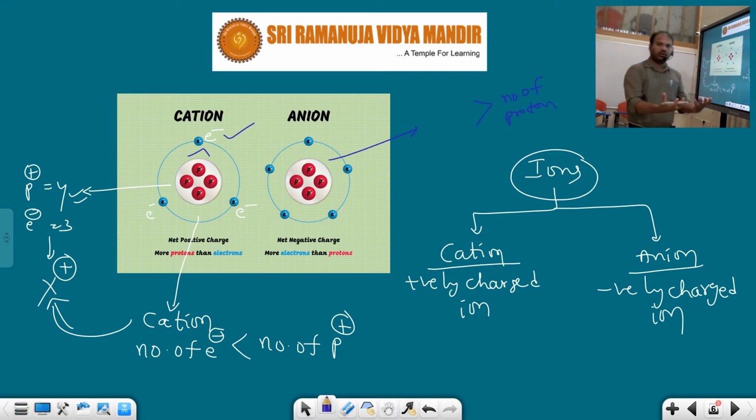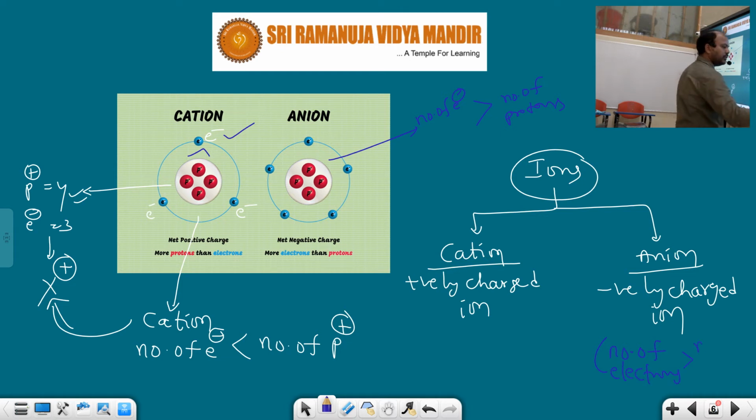When the negative charge is more, what charge does the atom get? Obviously negative charge. So the number of electrons is more. Then what will be formed? An anion will be formed. This is the condition: the number of electrons is more than the number of protons.